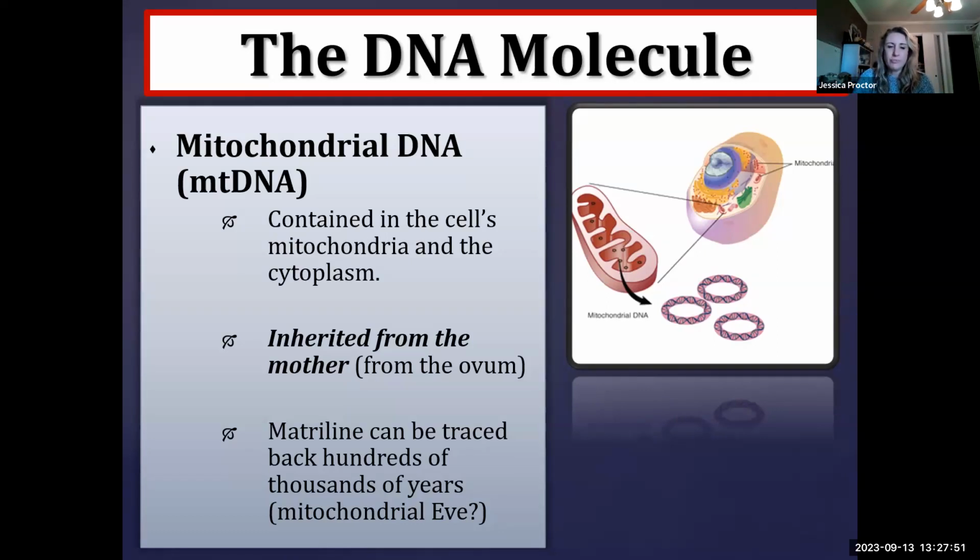In human evolution, we'll learn about some studies that have traced the matriline back hundreds of thousands of years. So that's the search for the mitochondrial Eve, which is kind of ironic because the term Adam and Eve definitely has a religious connotation, and in a lot of studies we read, we're searching for that mitochondrial Eve.